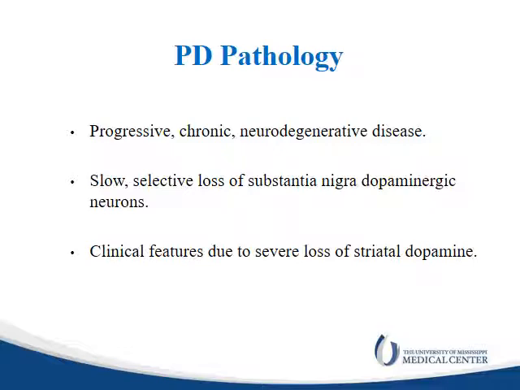Think about it: you lose the dopaminergic neurons in the substantia nigra. The projection from the substantia nigra to the striatum in the basal ganglia will produce less and less dopamine, and the degree of dopamine deficiency is correlated with the clinical features of Parkinson's disease.